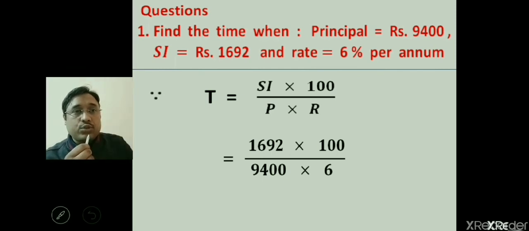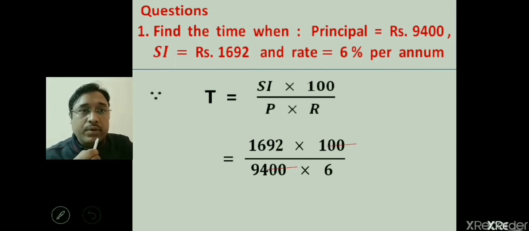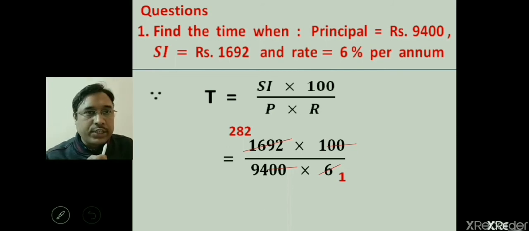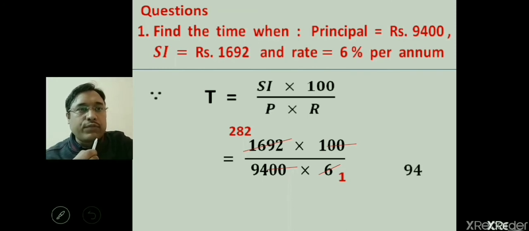First solve the calculation. Both zeros you will cut with the 100 above. Then 6 into 1 is 6, and 1692 is divisible by 6: 6 into 282 times, 1692 will cut in 282 times. Now the result is 282 by 94.